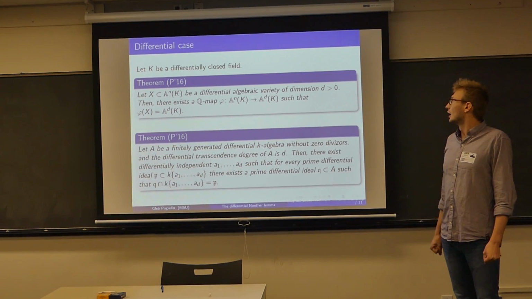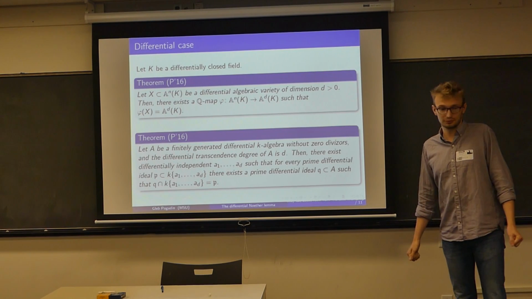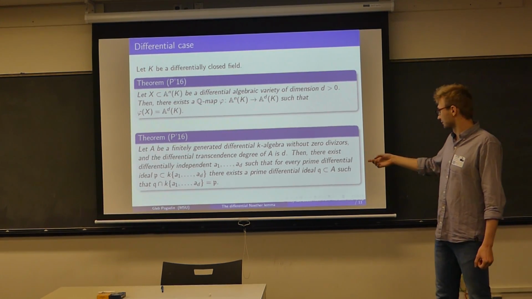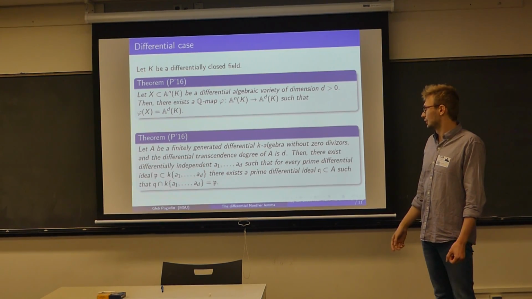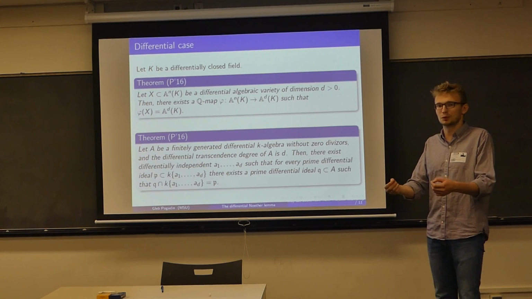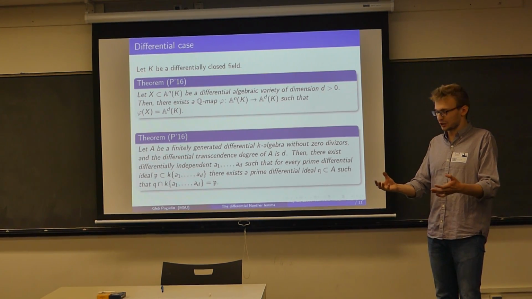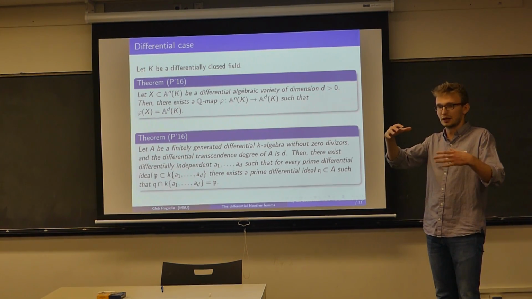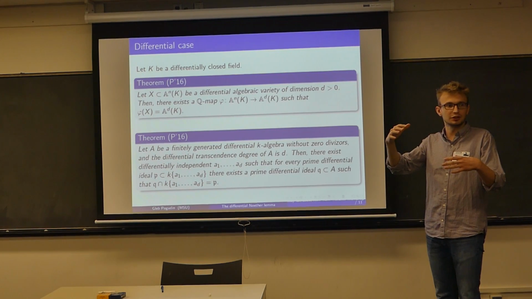If you have a differential algebraic variety of some dimension d, we can map it surjectively onto affine d-space over K, and actually this map is defined over Q. And again, from the algebraic side, you can find a subalgebra which is isomorphic to the algebra of differential polynomials, such that your algebra is differentially algebraic over it, so they have equal differential transcendence degree.